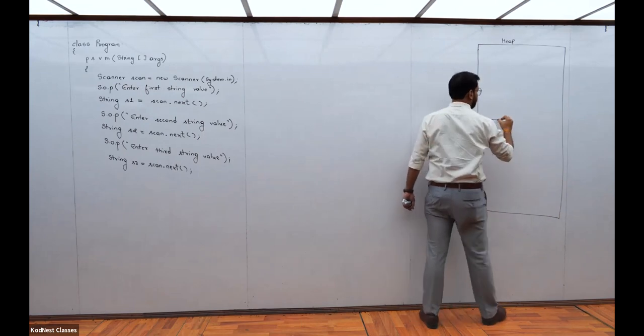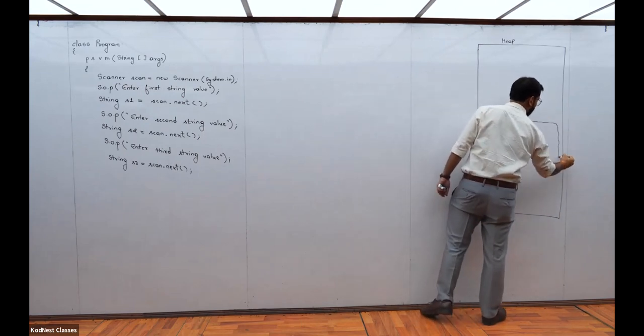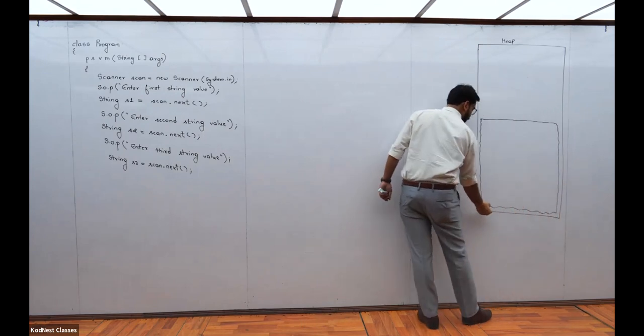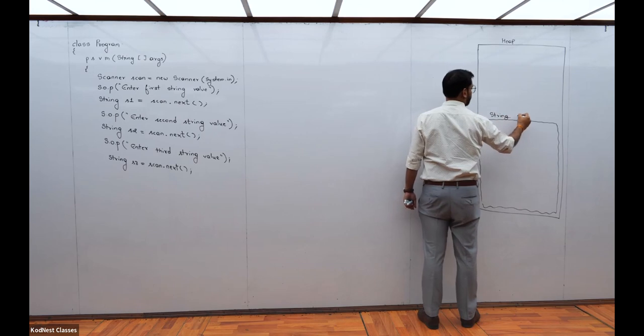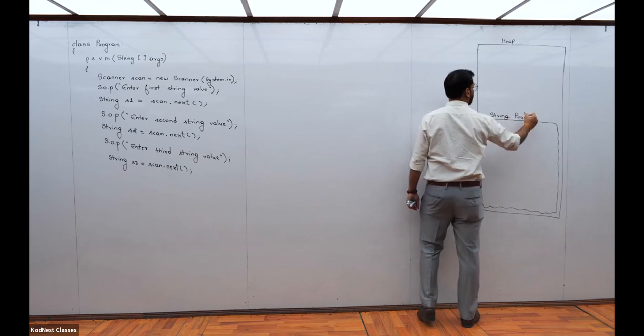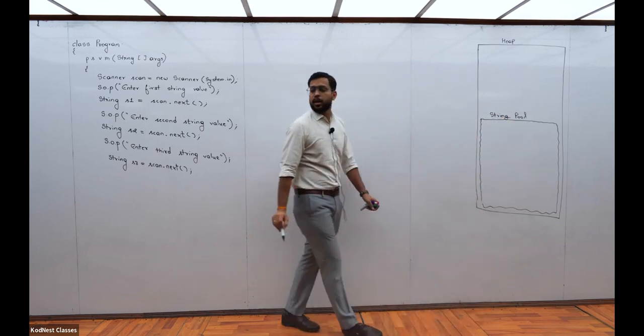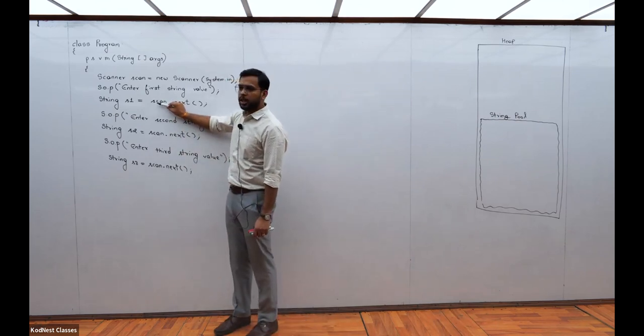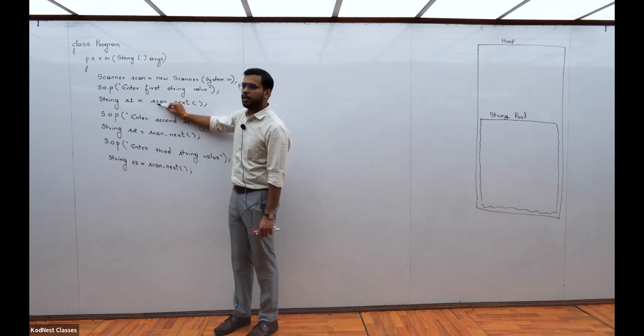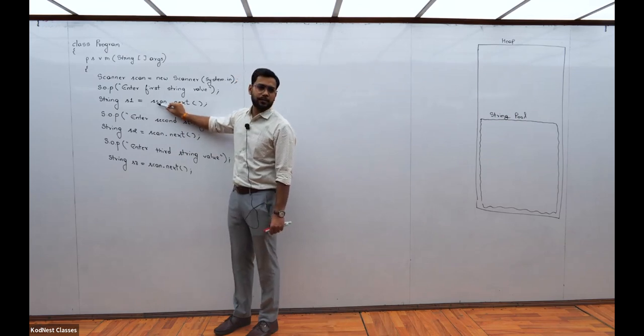Also inside the heap segment, there is one dedicated place available, which is called the string pool or constant pool. So this place only is called what? String pool. Now the question here is, whenever I am taking the user input, this time where will the string be created?